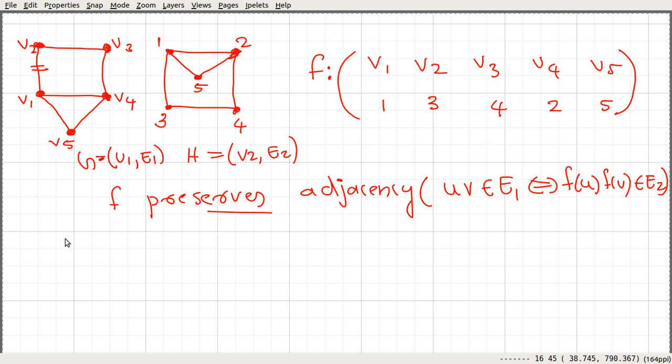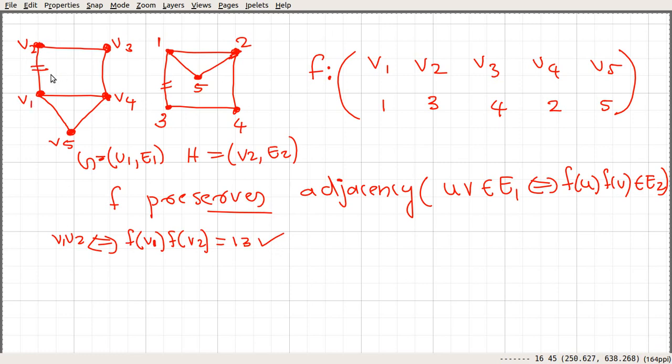Let's start with V1 V2. V1 V2 is an edge in G, right? Let's see whether this condition is satisfied. f of V1 is 1, f of V2 is 3, and 1 3 is an edge in this graph, so it is satisfied for this edge V1 V2.